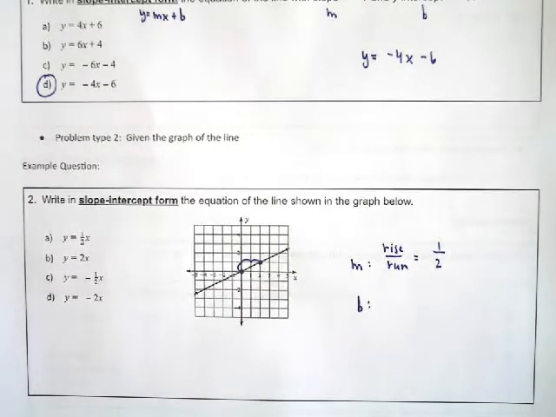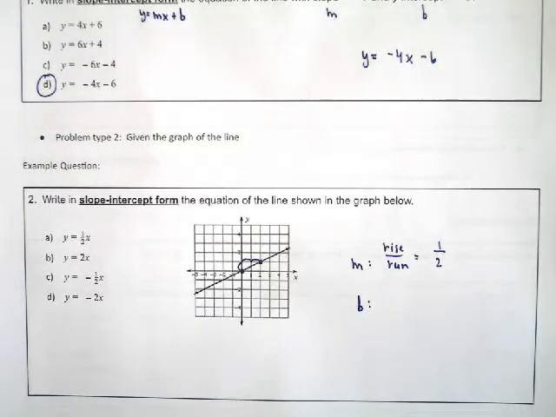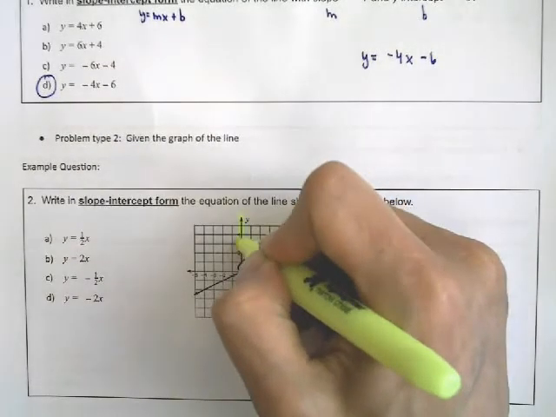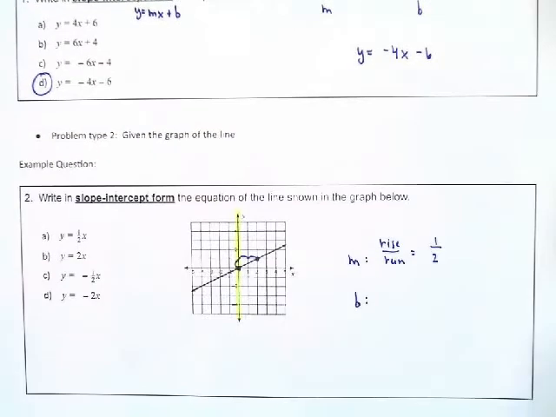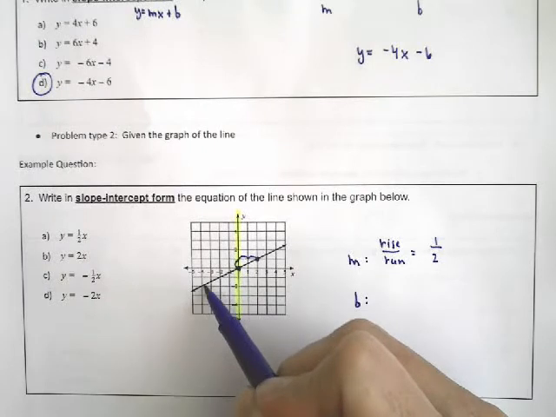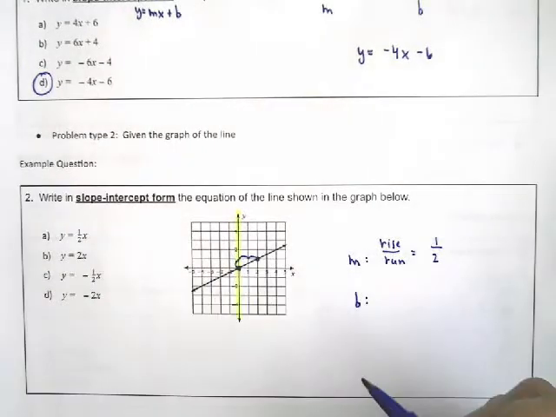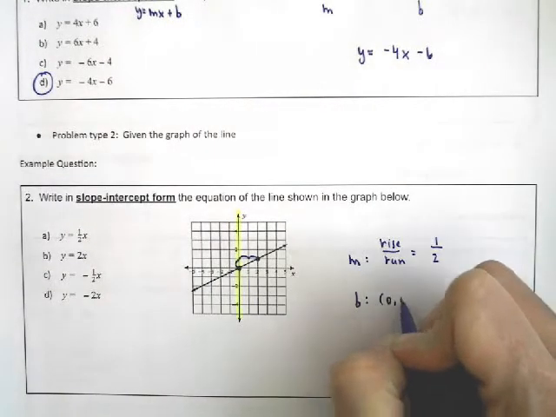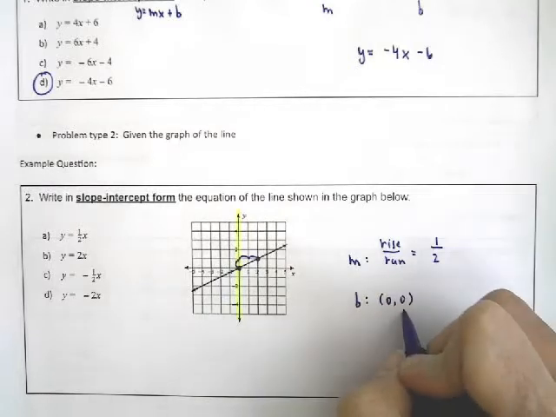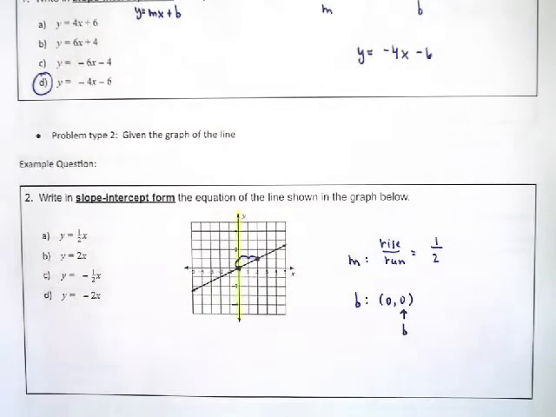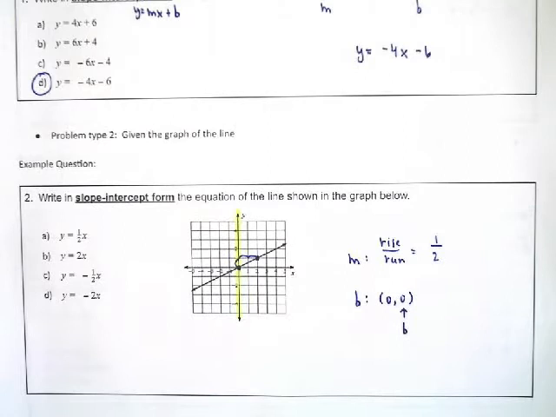Now my b, remember that's going to be where our line crosses the y-axis. So here's my y-axis. And in this case, it just so happens that our line crosses at the point (0, 0). Right? So our y-coordinate there is b. So our b is 0.